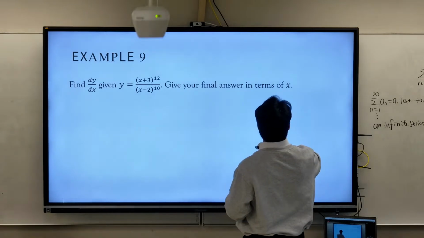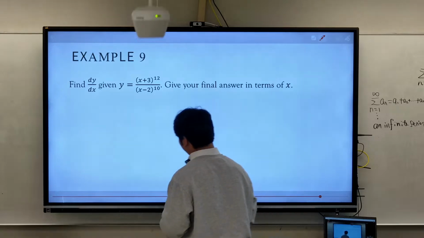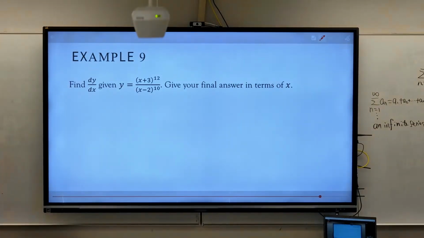Let's see if I can make this show up. So looking at this problem, it doesn't look like we really need to do logarithmic differentiation. But why might log differentiation be helpful? If I didn't know anything about the logarithms, what rules would I need to take the derivative of this function?